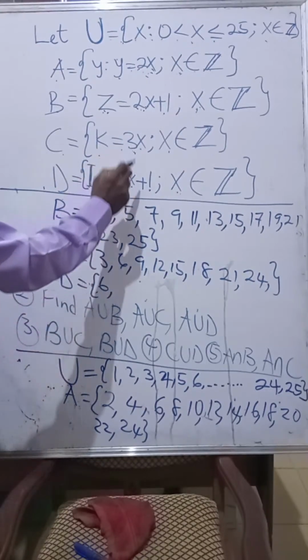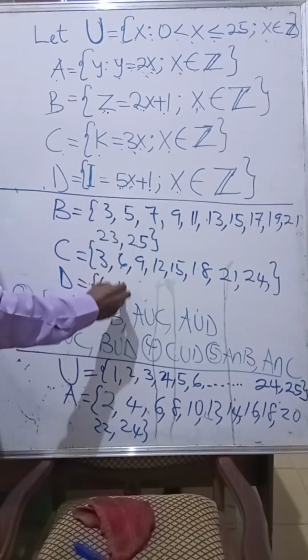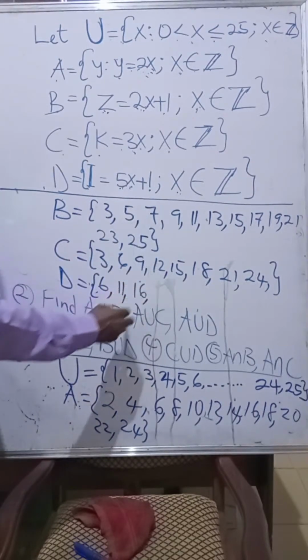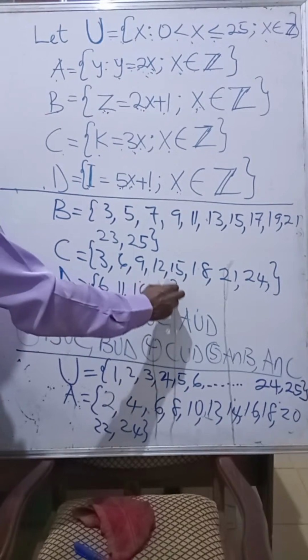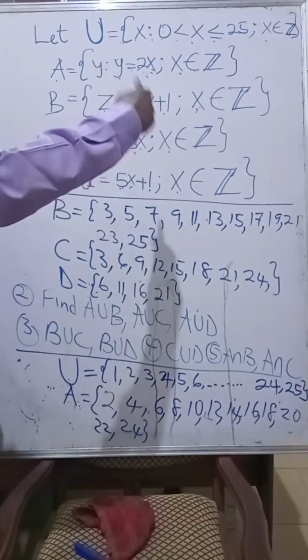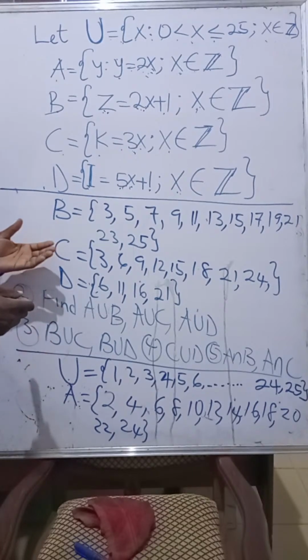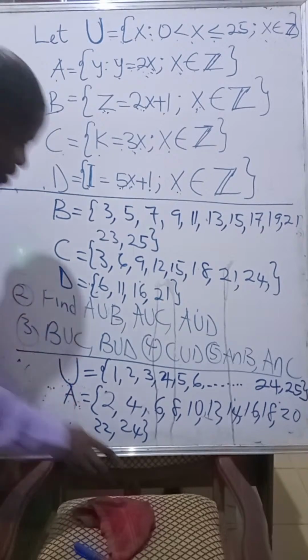Then for 2, 5 times 2 plus 1 is 11. For 3, 5 times 3 plus 1 is 16. For 4, 5 times 4 plus 1 is 21. So that's where it's going to stop. If you use 5, it's going to be outside the range of the universal set. So that's all the elements of sets A, B, C, and D.